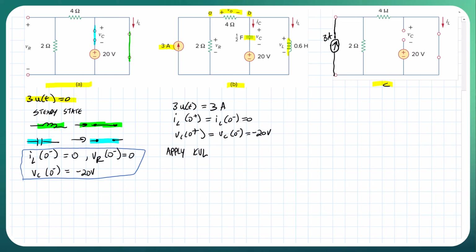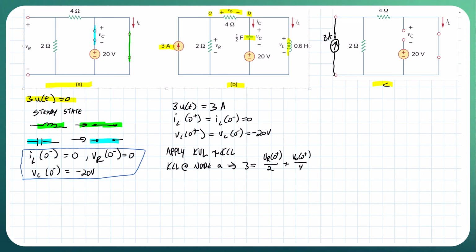So if we look at node A in this circuit, let's say we take KCL at node A, we're going to get 3 amps equals, so the current going in is equal to the current going out, VR at 0 plus over the 2 ohms plus V0 at 0 plus over the 4 ohms.